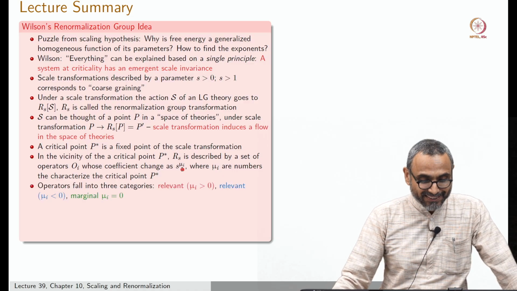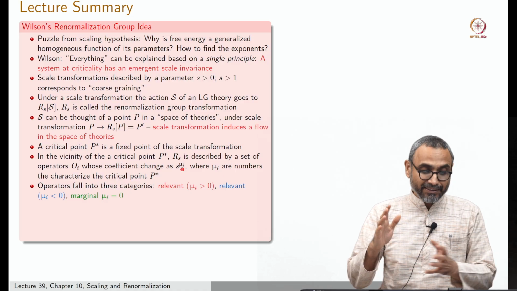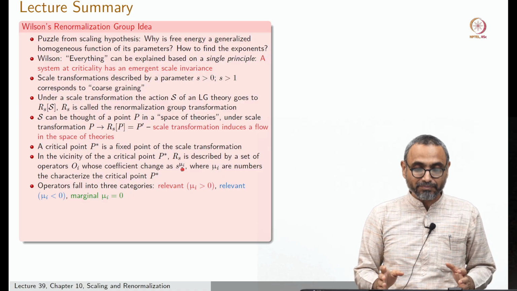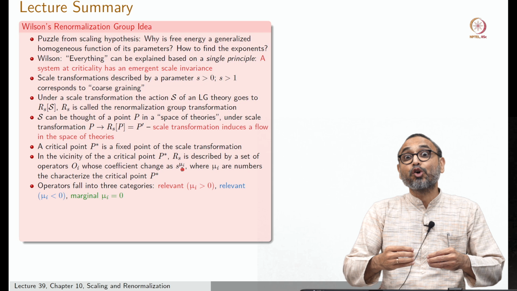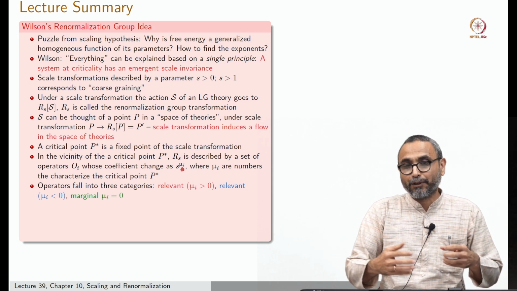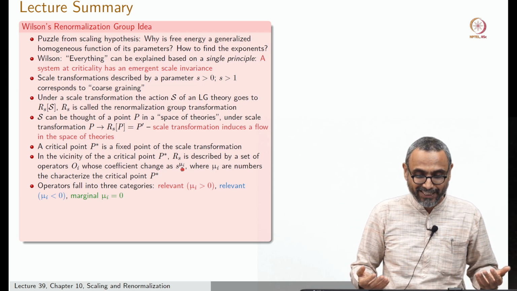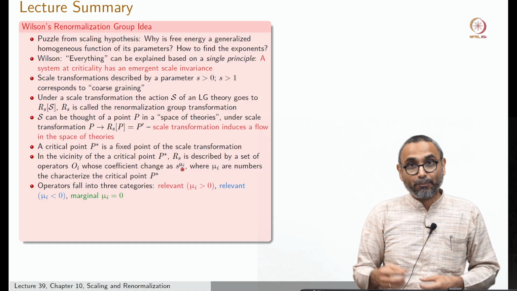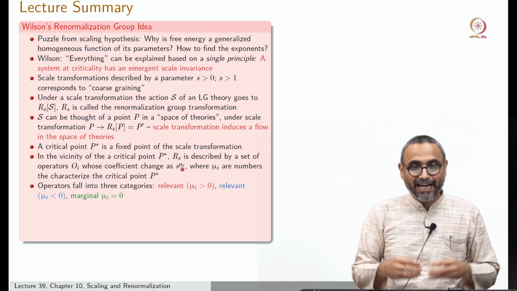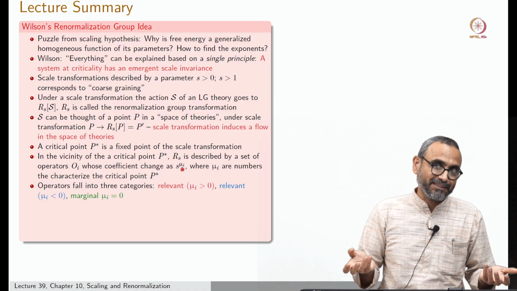Those operators can be classified as relevant, irrelevant, or marginal. The coefficients of relevant operators will grow upon coarse graining. The coefficients of irrelevant operators will die upon coarse graining, and marginal operators will stay unchanged.